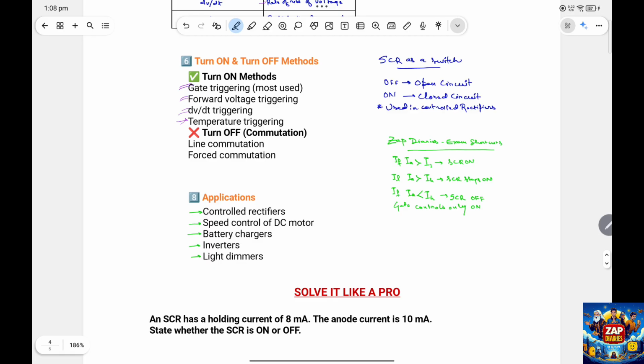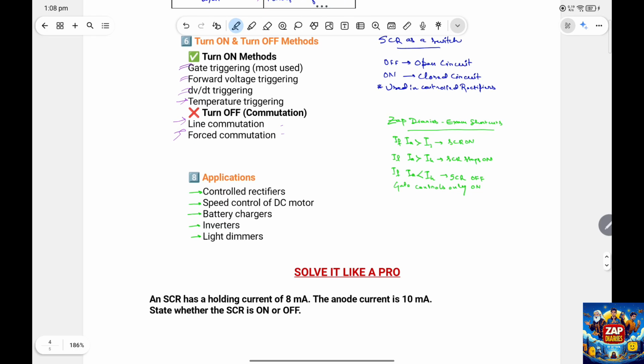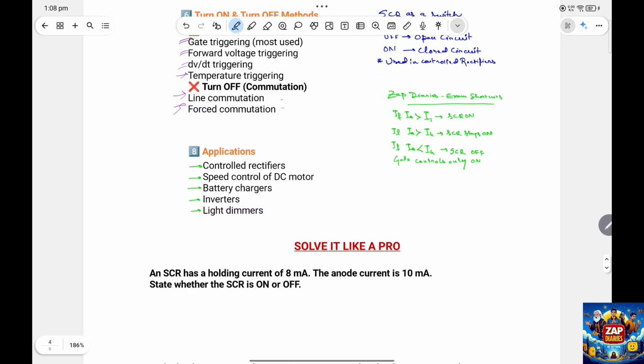For turning off, that is the commutation method, we use line commutation and forced commutation. And what are line commutation and forced commutation? You can just check on the Electrical for You page. There it's given in a very short and cool way, so you can always check that out.